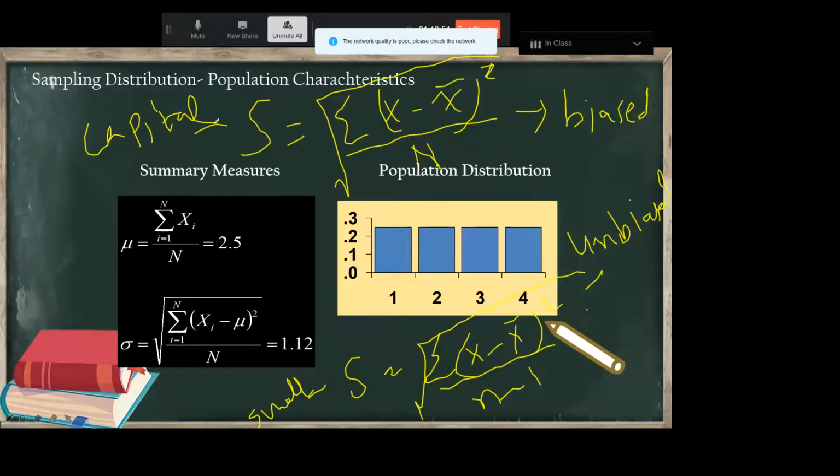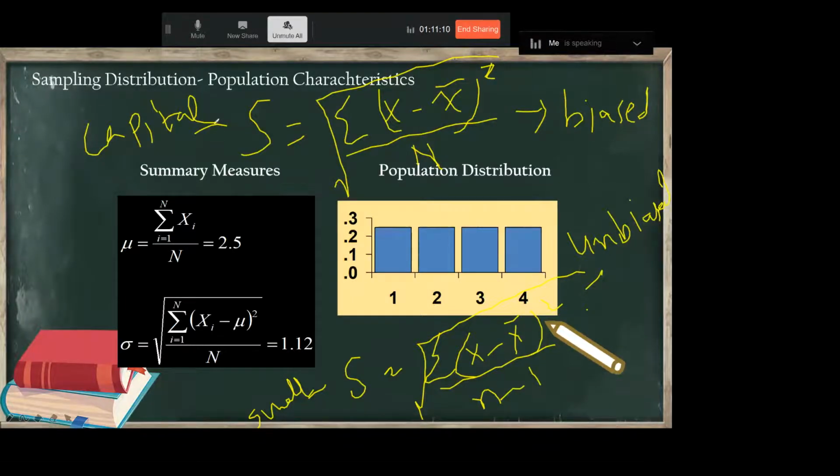And for sure, for an efficient estimator, it should be unbiased. We will see later on the difference between biased and unbiased and what the properties are. So our estimator should be unbiased, that's for sure.